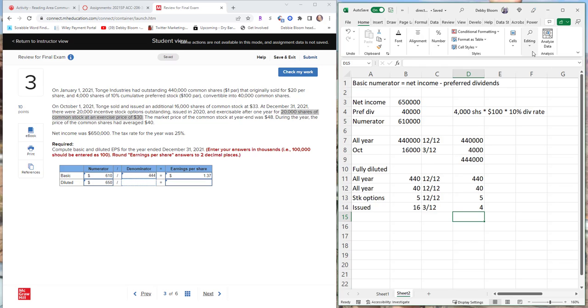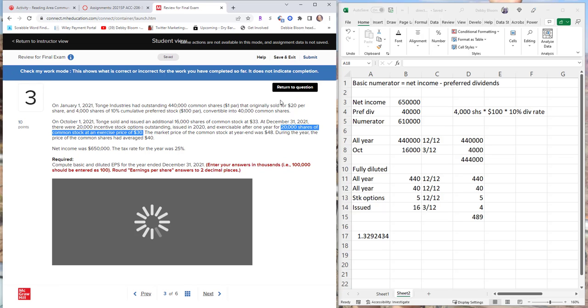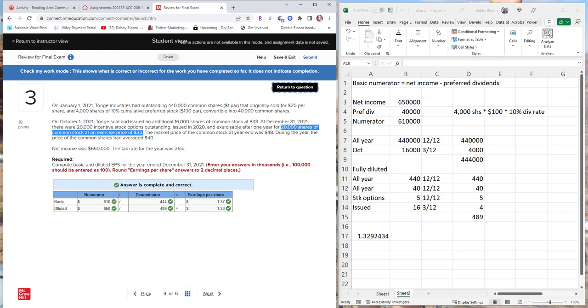So for our fully diluted, we're going to have a number of shares outstanding of 489,000. So for our fully diluted, we take the 650,000, divide it by the 489,000, and we get $1.33. And I am correct.